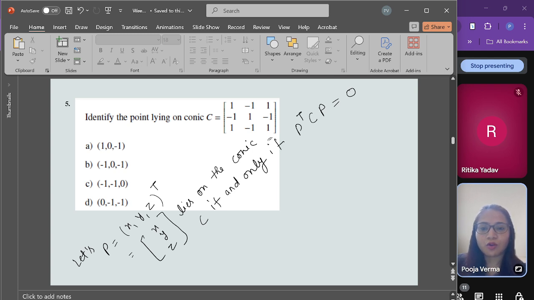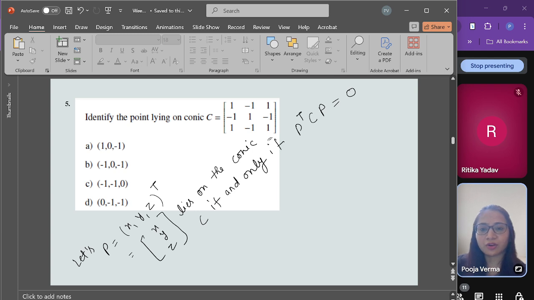So how can we solve this question? Here we don't have any other option, so we have to go by the options. First take option A and solve it and check whether it is lying on the conic or not. If this multiplication gives 0, then it is lying on the conic.